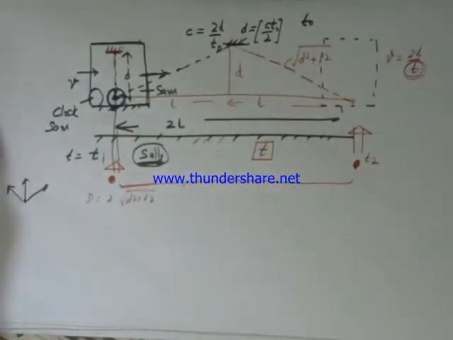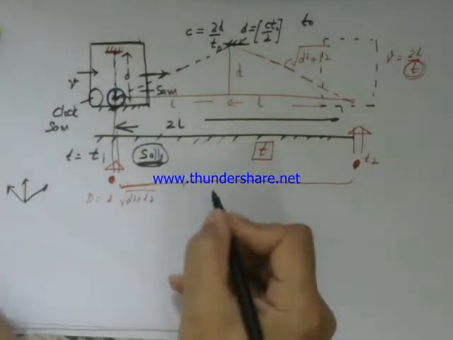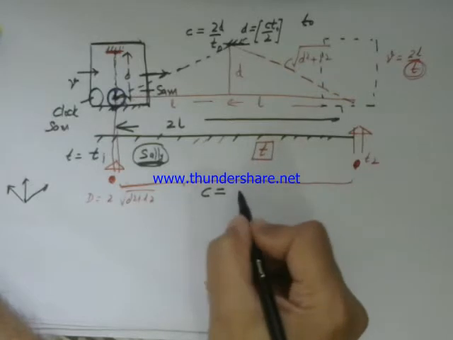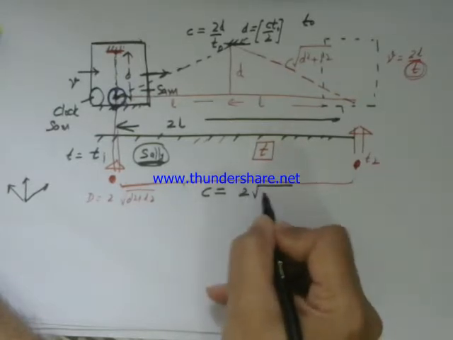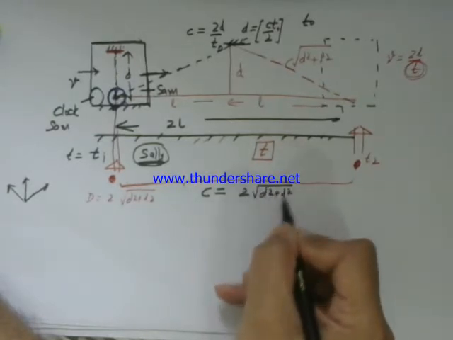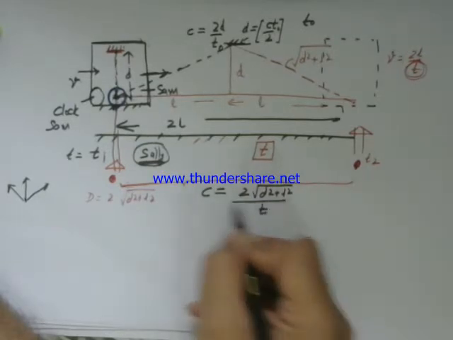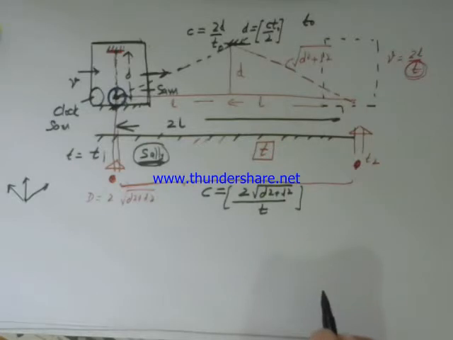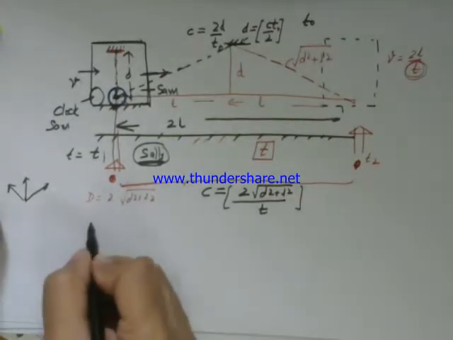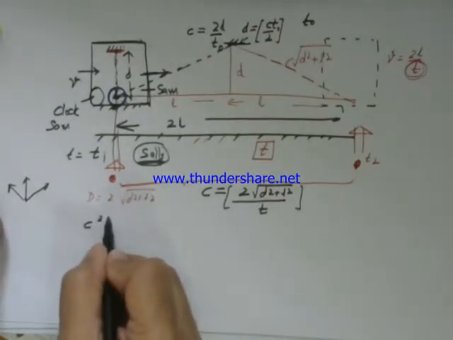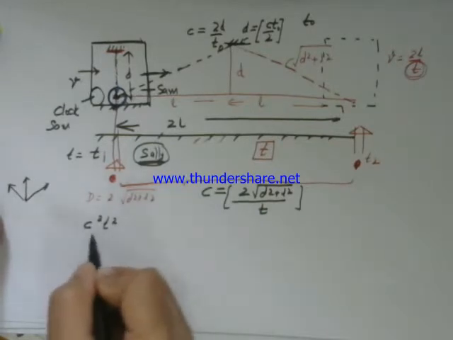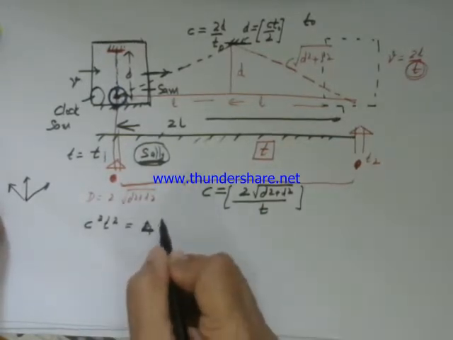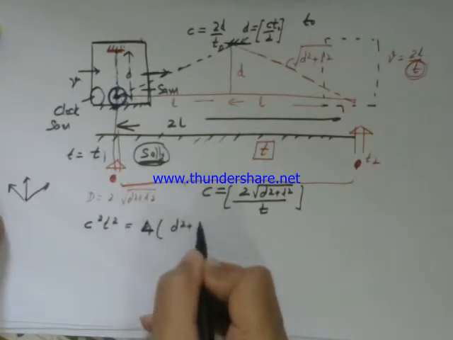Now if you take again the same relationship, the speed of light is c, so the distance is twice root d square plus L square, and t is the time. As far as Sally is concerned, she is measuring the time as t, so we write c square t square is equal to, squaring it, 4 times d square plus L square.